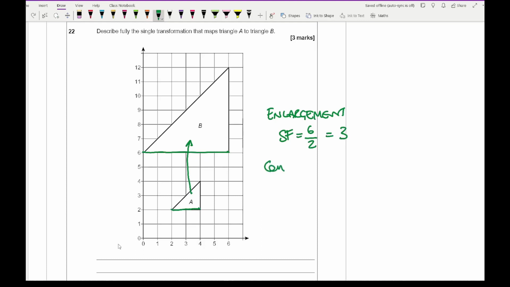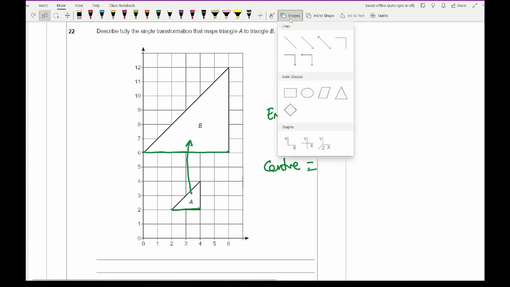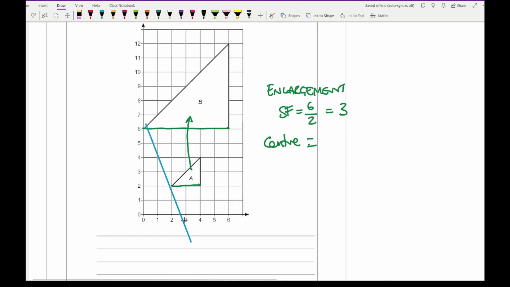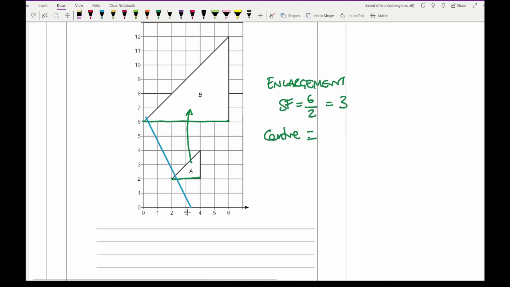And the next thing for me then to do is work out what the centre of enlargement is going to be, and to do that, what you need to do is draw a line from each of the corresponding points. So if I do that with this and just join those corners up, I'm trying to be as accurate as I can. You probably can do this by sight.